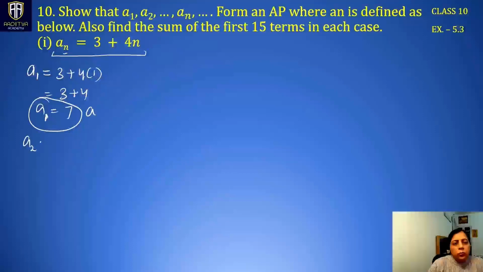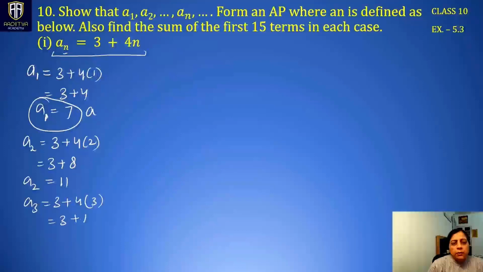Then for a2, we put n as 2 on the RHS also. This is 3 plus 4 times 2, 4 twos are 8, which is 11. a2 is 11. a3 becomes 3 plus 4 times 3, which is 3 plus 12, that is 15.